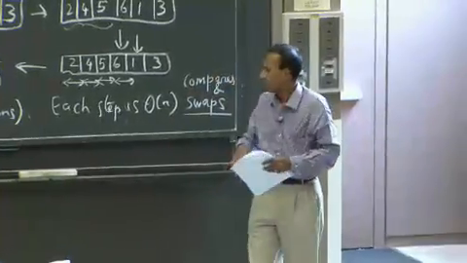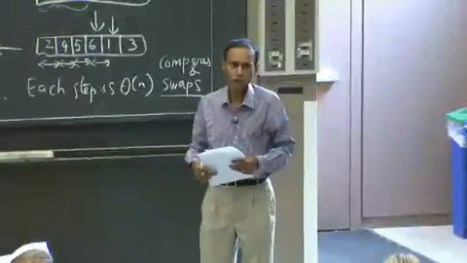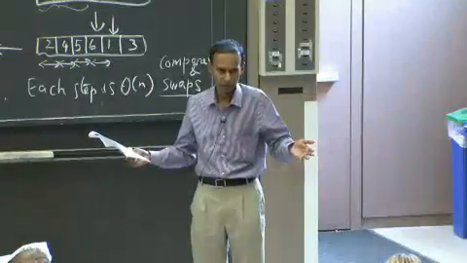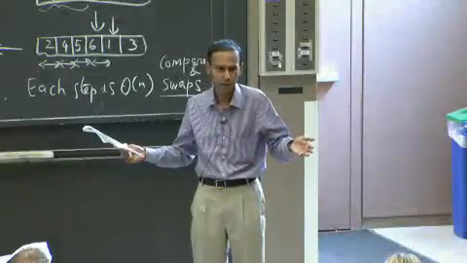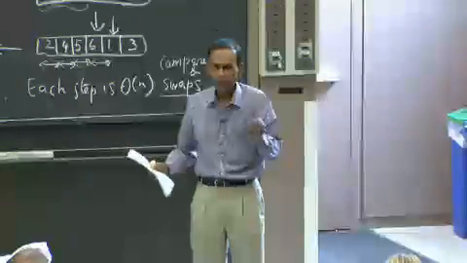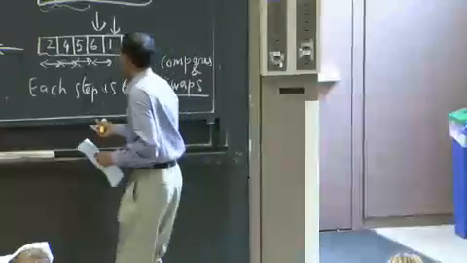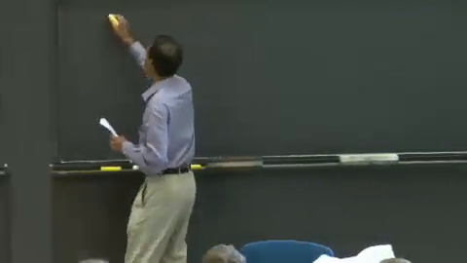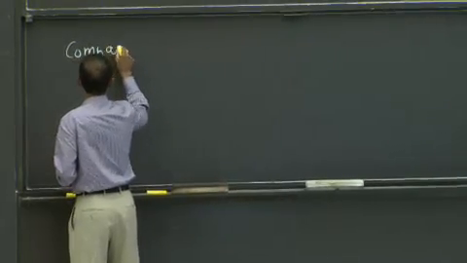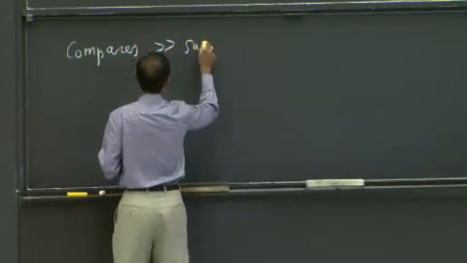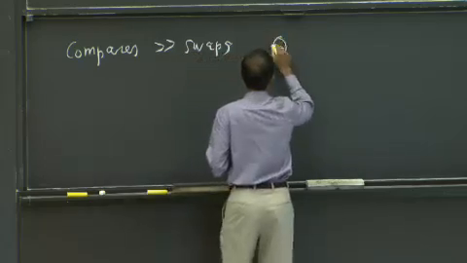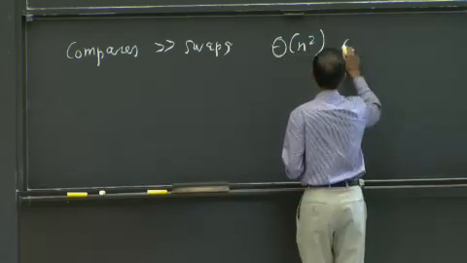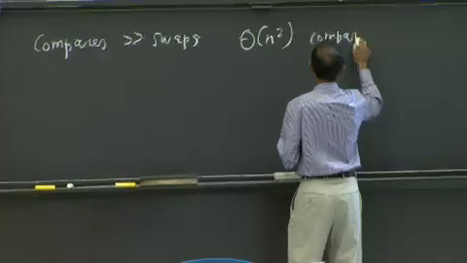Okay, so if you had either of those cases for insertion sort, you have a theta n square algorithm. All right, you have theta n square compares and theta n square swaps. Now, here's the question. Let's say that compares are more expensive than swaps. And so I'm concerned about the theta n square comparison cost.